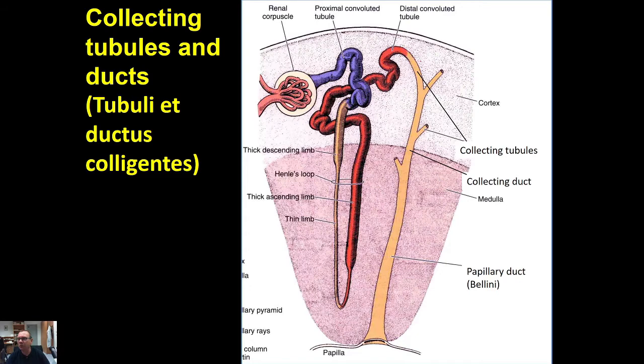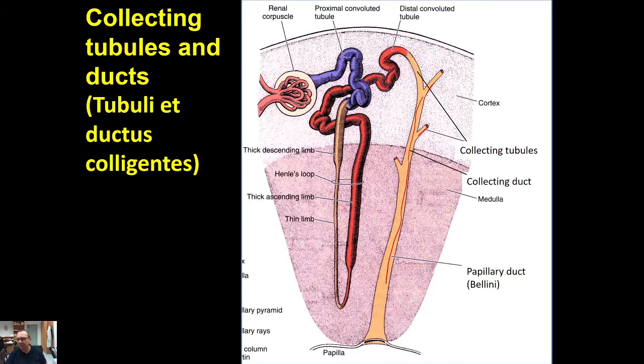So collecting tubules, each of them comes from one nephron. They join together to form collecting ducts. Collecting ducts go at first through the medullary ray and then through medullary pyramid. They become thicker and thicker as they receive new collecting tubules from another nephron.